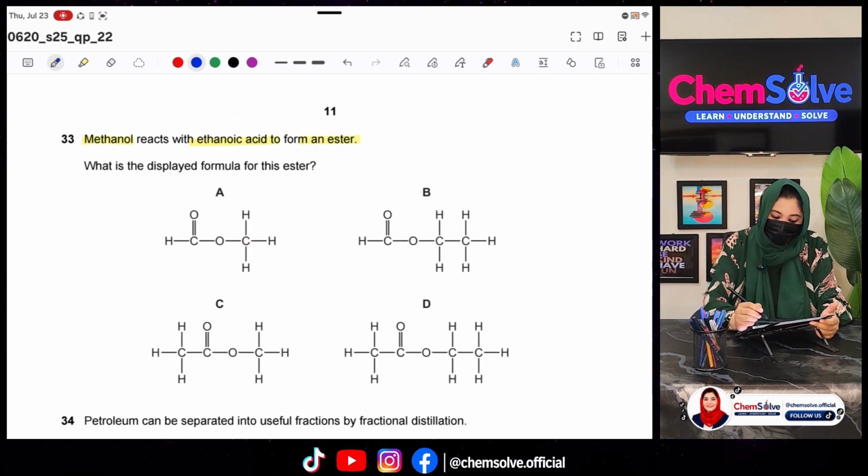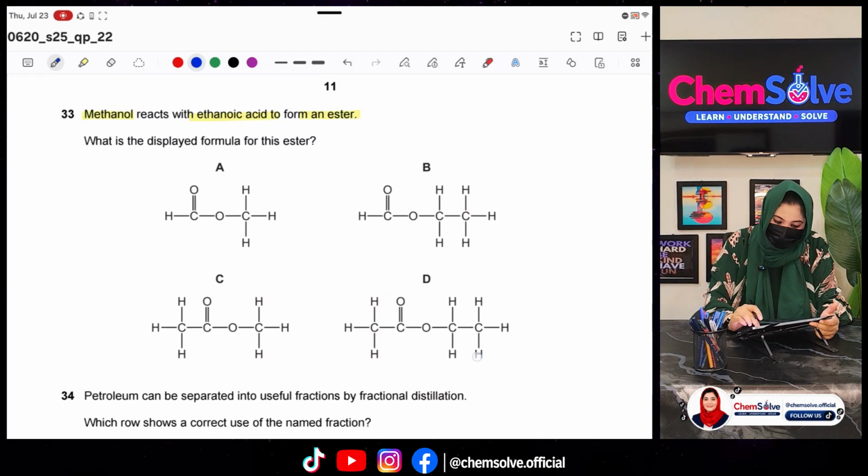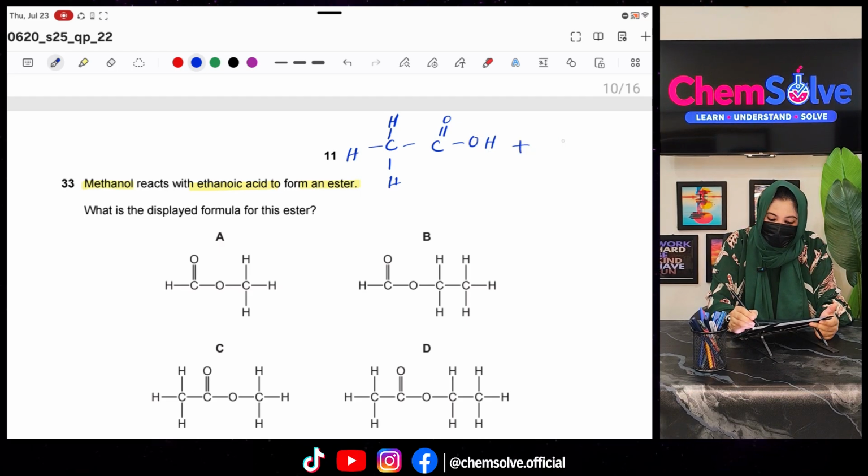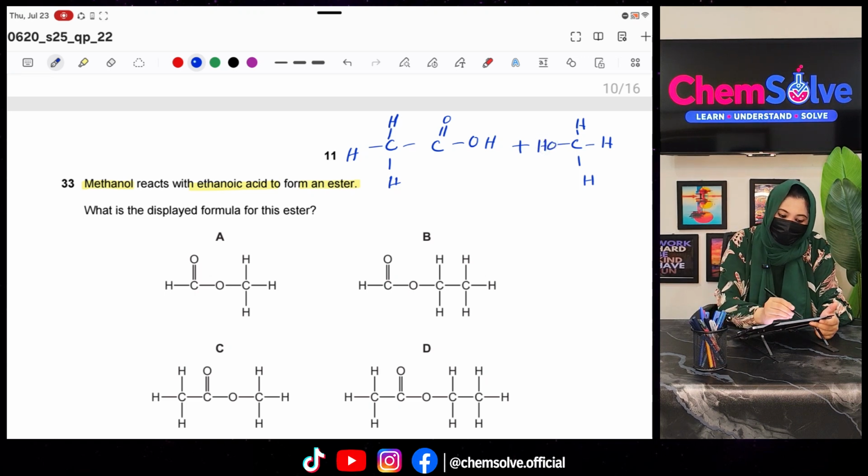This is ethanoic acid, and I have to take methanol. So what happens?